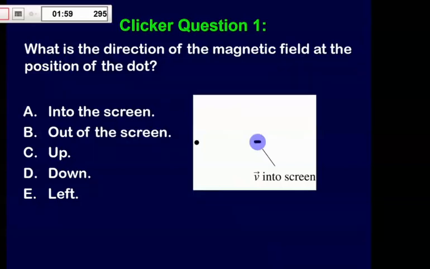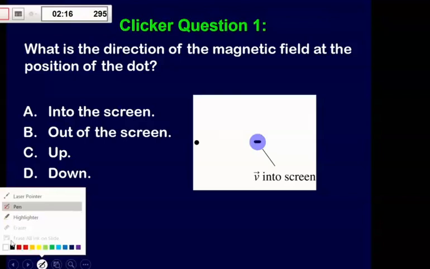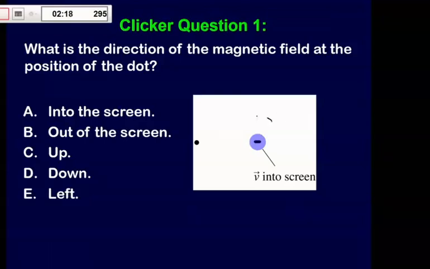If I put my thumb into the screen as the current, then my fingers will curl around in a clockwise fashion, okay? And in a clockwise fashion, I'd end up getting a picture like this here. So this would be my magnetic field.